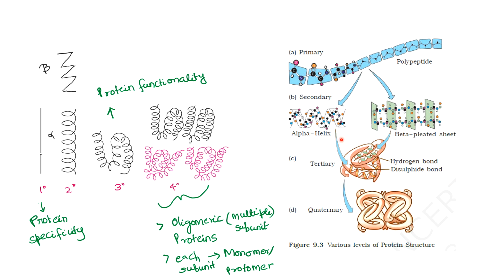So all that is present here. This is your quaternary structure, in which the way the different subunits are associated with each other is explained. These structures we will be discussing in more detail in the subsequent slides. You can just check that out.